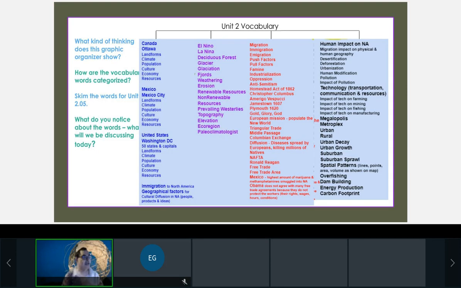Yes. Okay. I want you to look at the first set of vocabulary words and tell me what they all have in common, please. First set of vocabulary words, the ones on the far left.